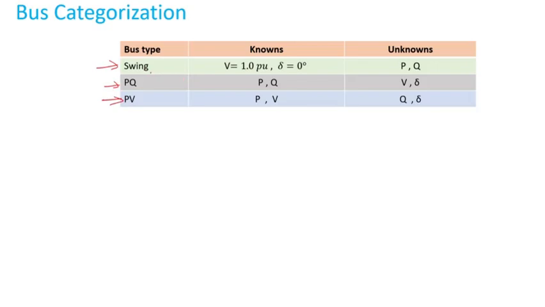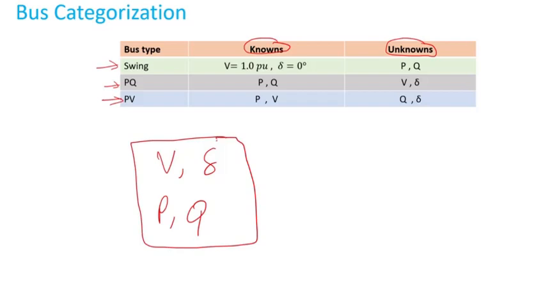For the swing bus, you have two known variables and two unknown variables. In general, you have voltage, power angle, P, and Q. Two out of these four are known and two are unknown at any given bus.